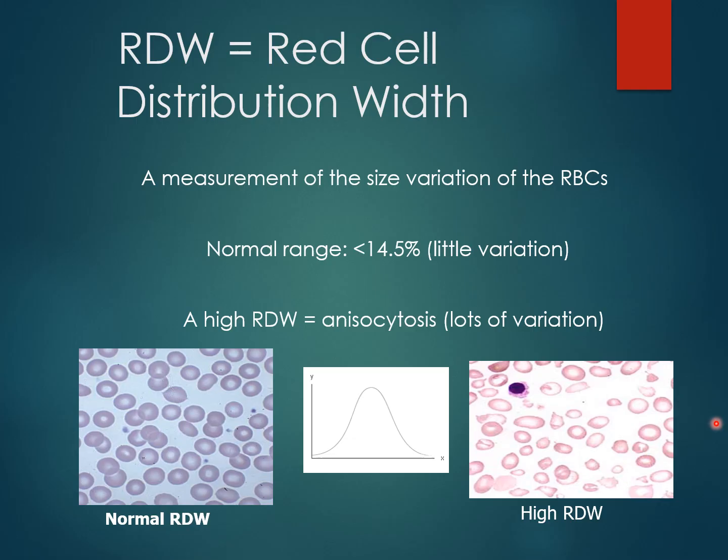Very, very varied. Lots of variation here. What we should see normally is like this bell-shaped curve. We might have a little variation, but for the most part, everything should fall within here. And when we have an RDW that's very high, it means that we have a disproportionate amount on either side of what would be considered normal.